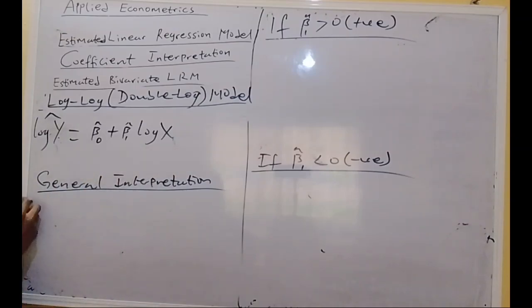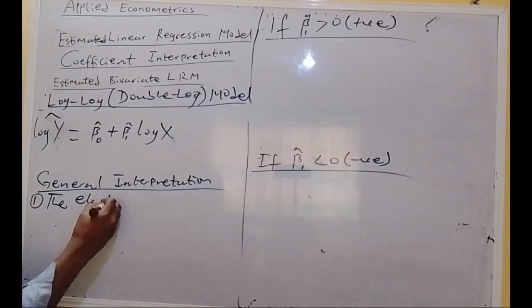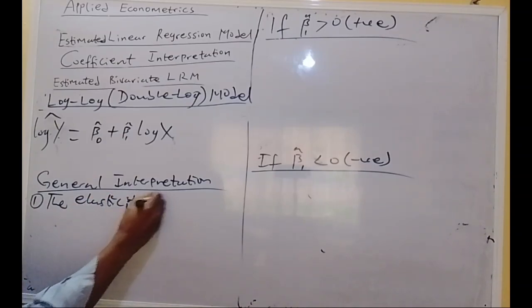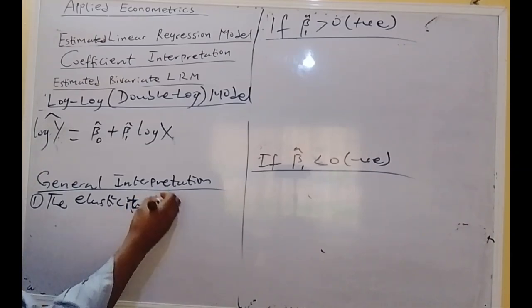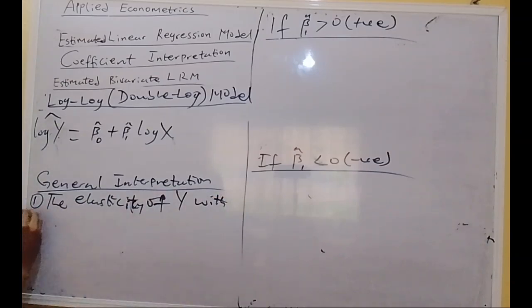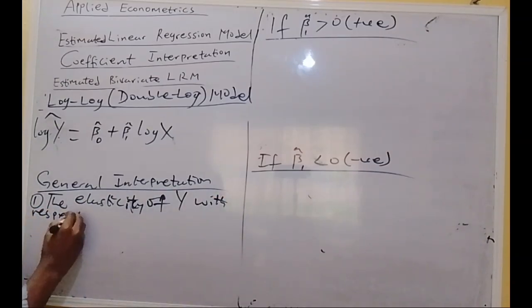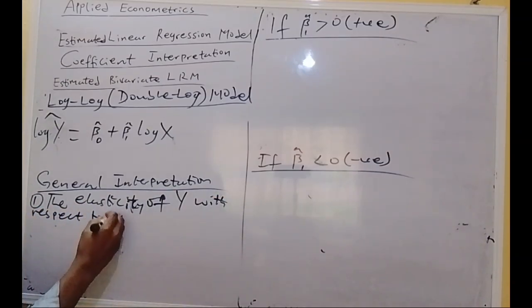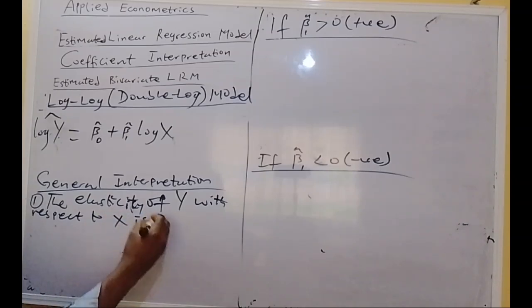So the general interpretation: there are two possible but equivalent ways of interpreting a log model. The first interpretation is that the elasticity of y with respect to x is beta 1 hat.